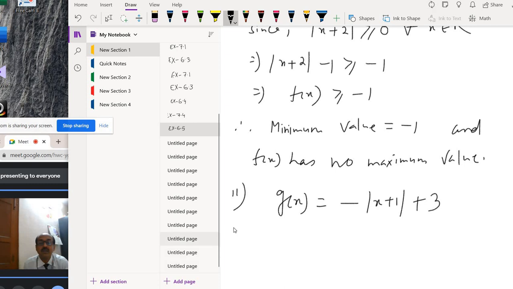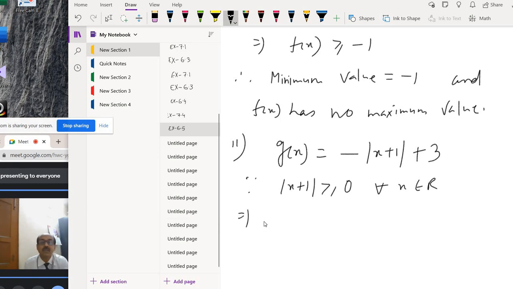Okay. So, since mod of x plus 1 we know is greater than or equal to 0 for all x belongs to R, for any value of x. Okay.